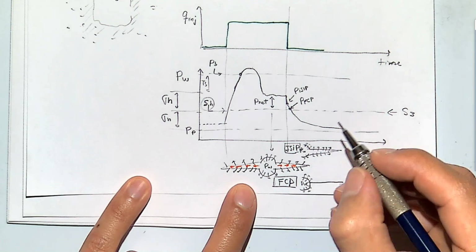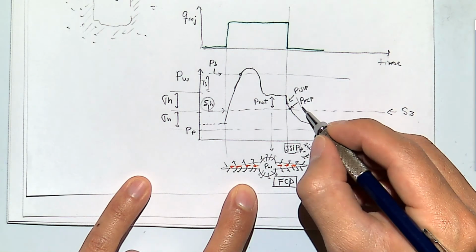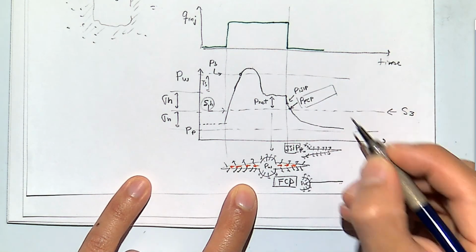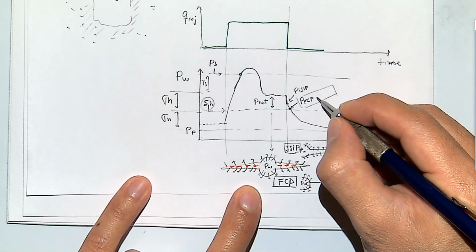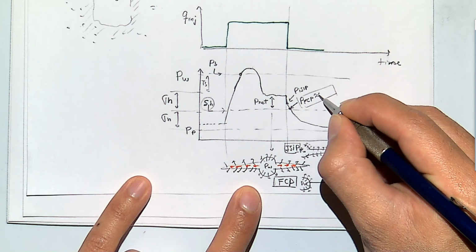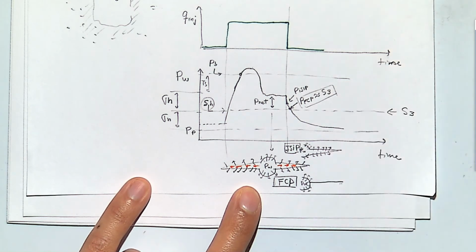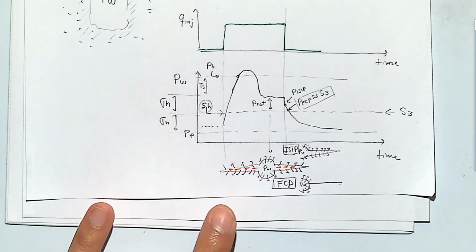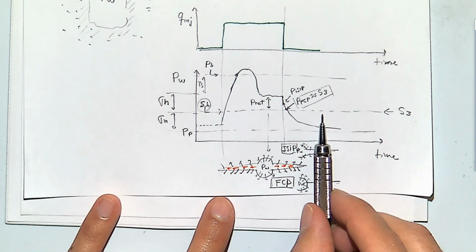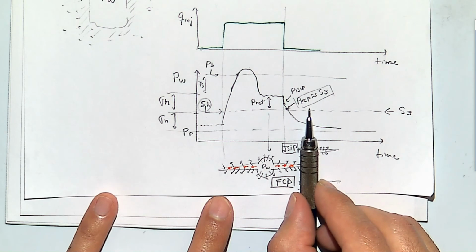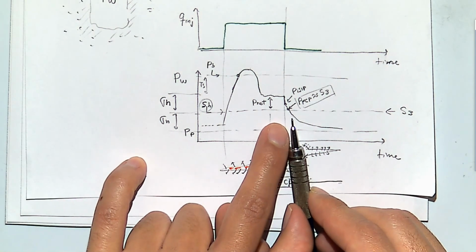And the fracture closure pressure is a very useful value because it's going to tell you also what is more or less the minimum principal stress. And that's the main application of this method, to calculate the minimum principal stress out of this data.